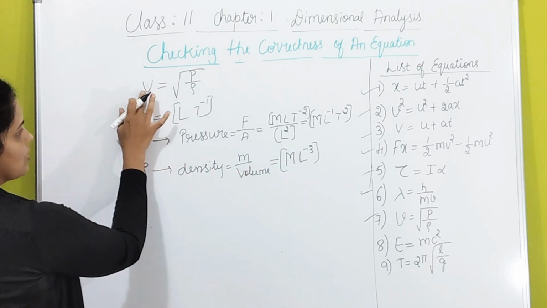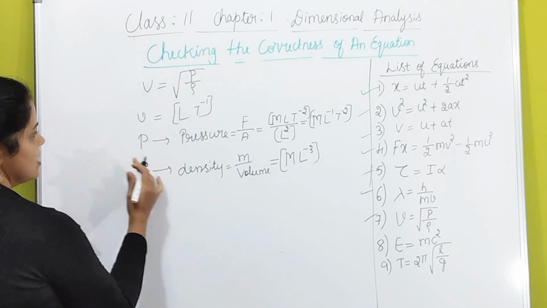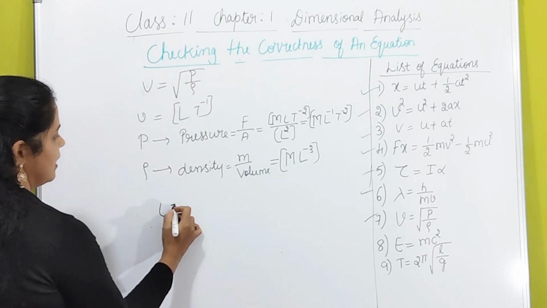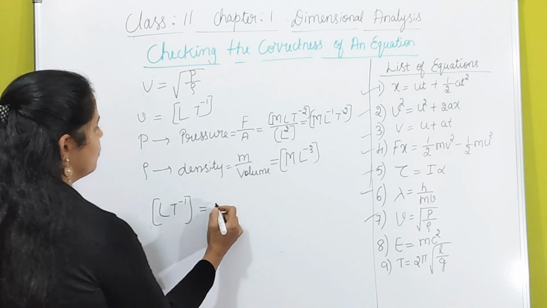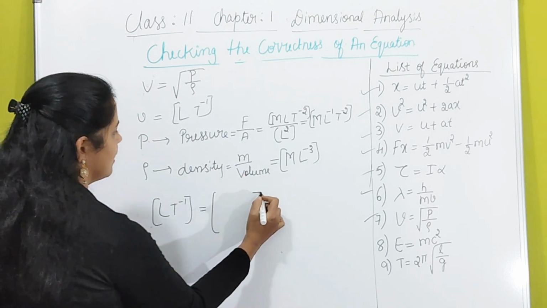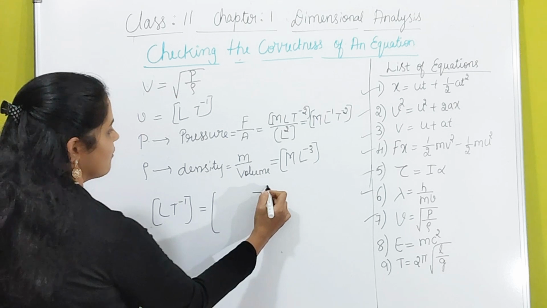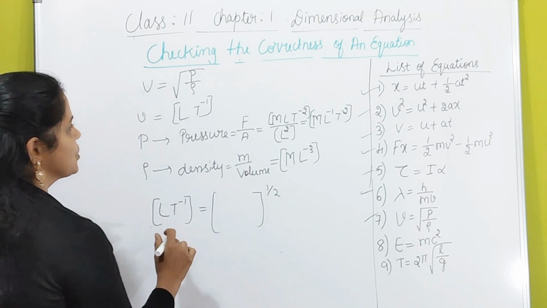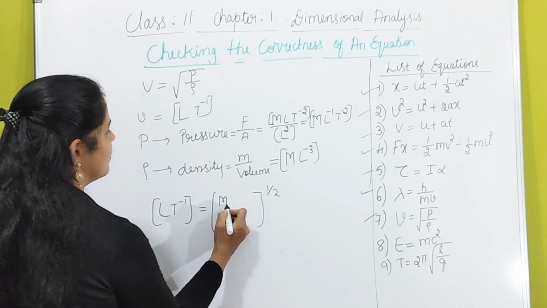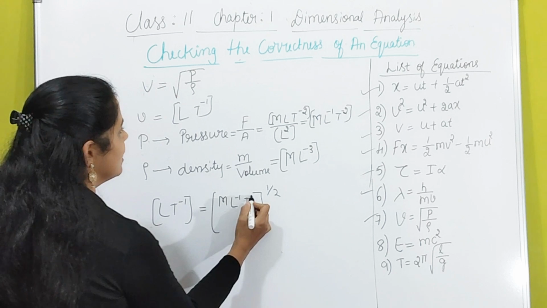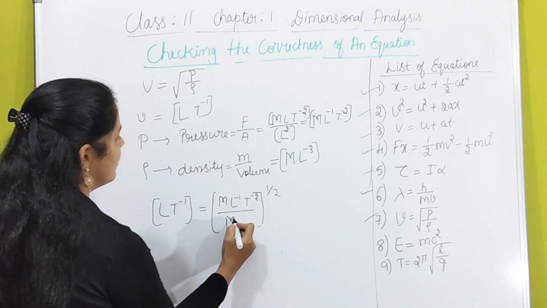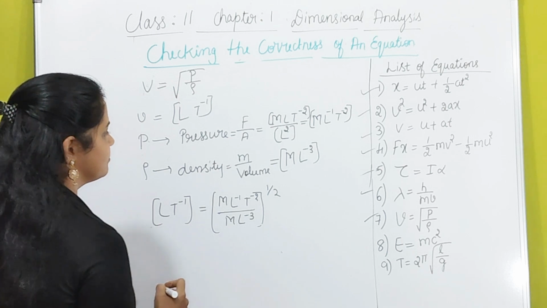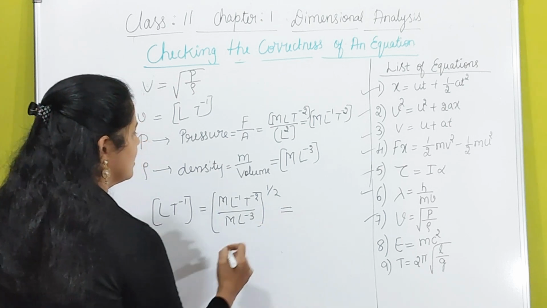Now let us substitute in the given place. Velocity is on the left hand side, so it is LT minus 1. Now square root means it is in brackets; the power is half. Pressure ML minus 1 T minus 2 divided by density, which is ML minus 3. I'll write it together.